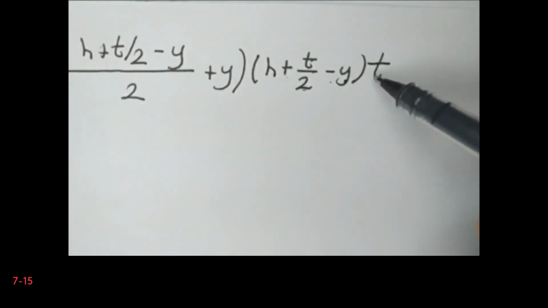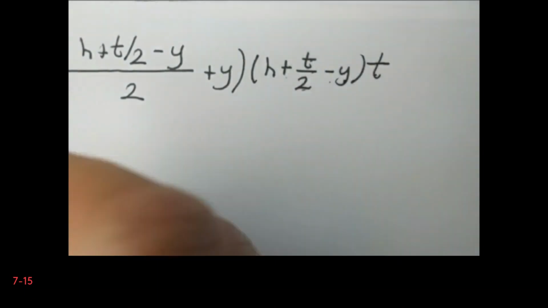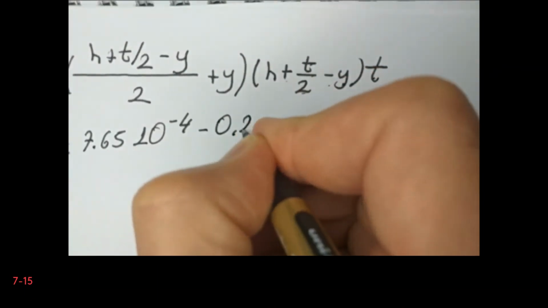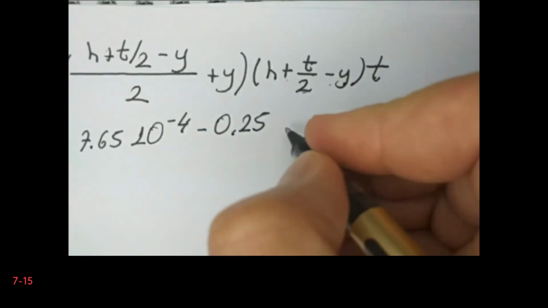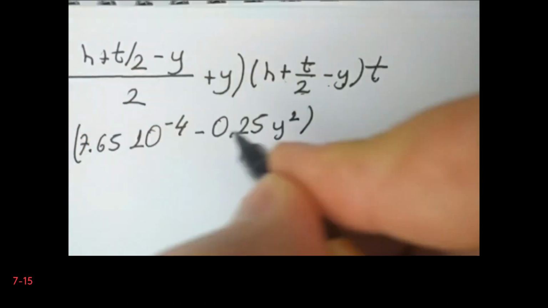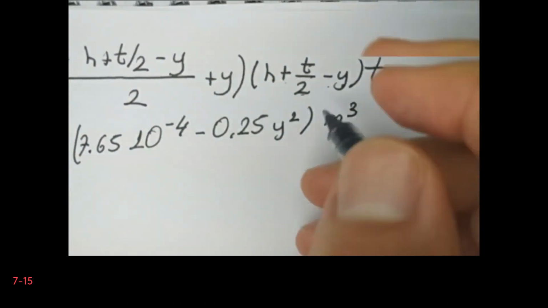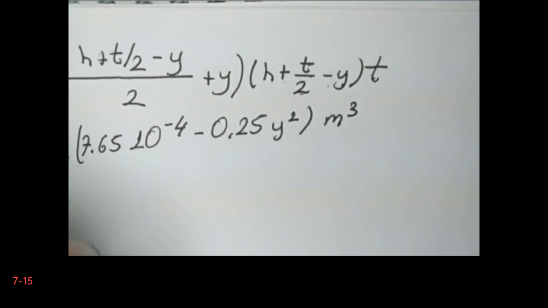So if you put the values, what you are going to get is 7.65 10 to the power minus 4 minus 0.25 y square, in meter to the power 3. So this is the expression for Q1.